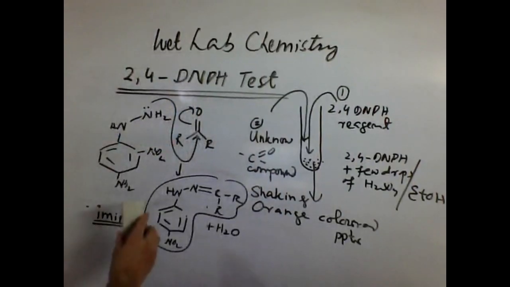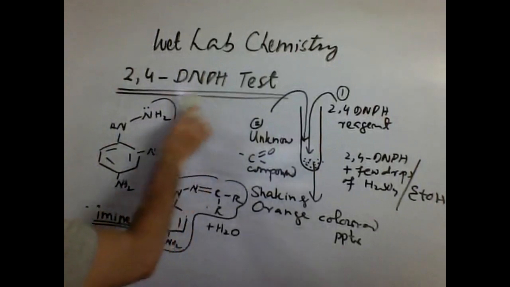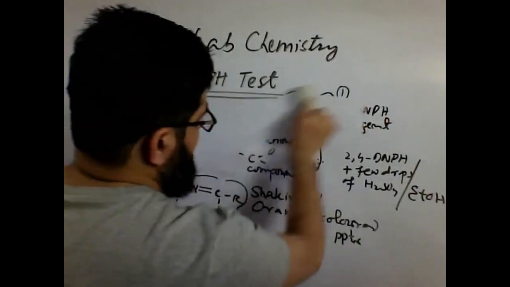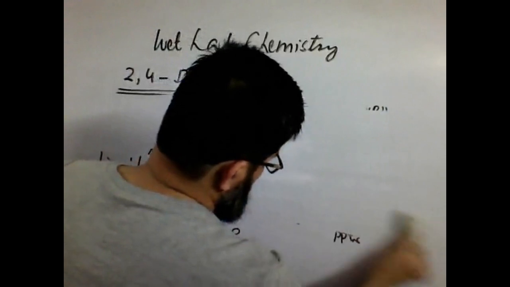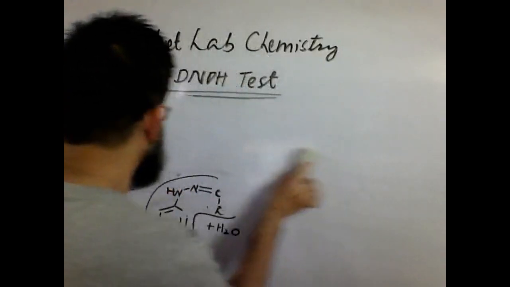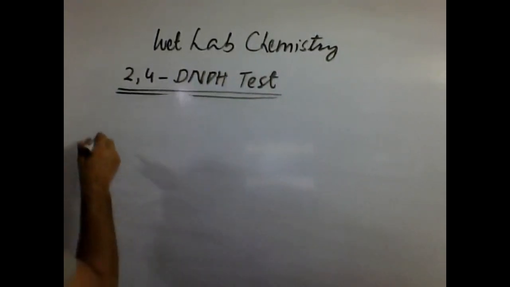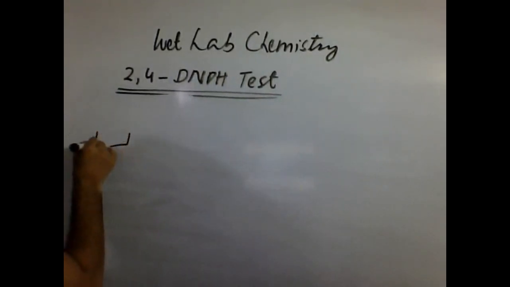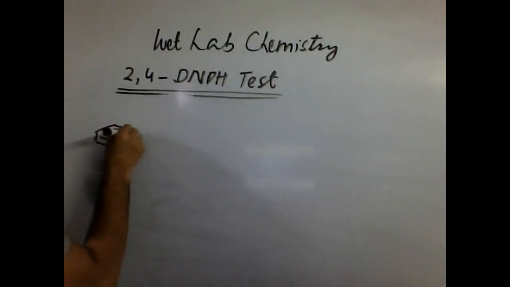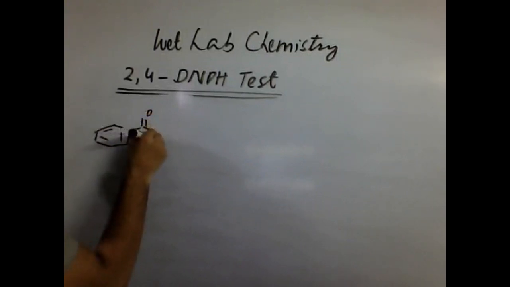Let me give you another practical example of how one could expect the product formation. Let's say we have given you benzaldehyde. We have given you benzaldehyde for the identification purposes.